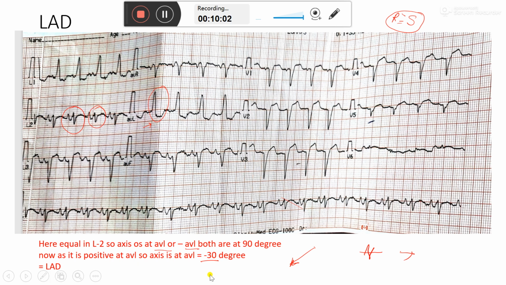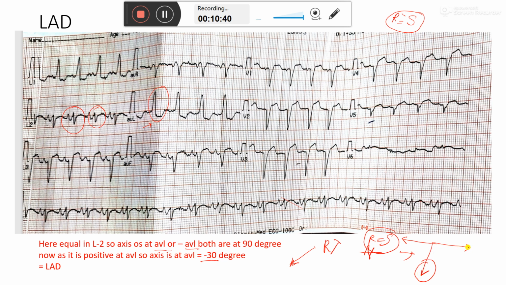I am discussing this process again. We will find an isoelectric point. We will find a limb lead where it is isoelectric, meaning R is equal to S, and the axis is perpendicular to that isoelectric lead. Suppose it is isoelectric in these leads.